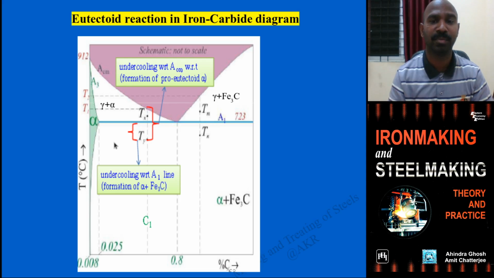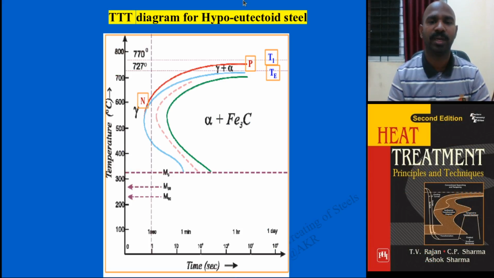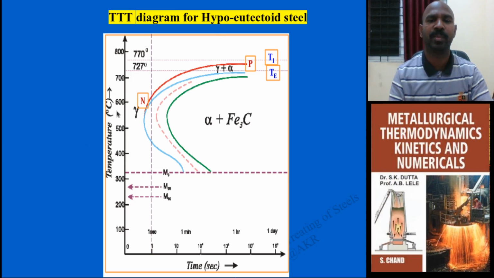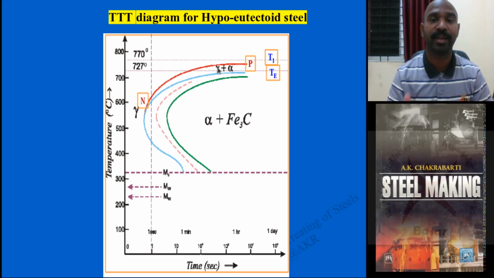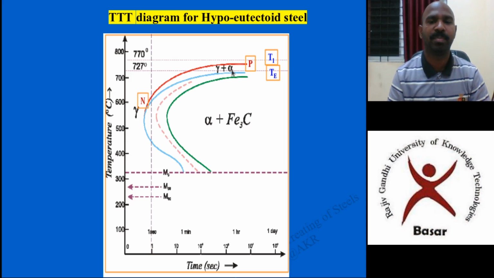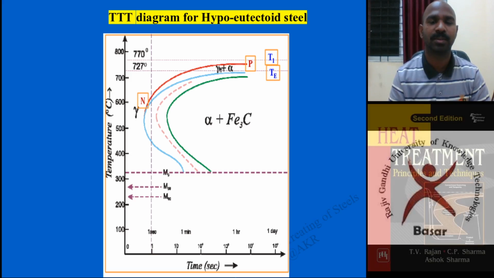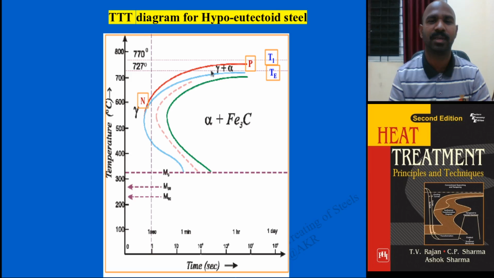Now let us take the hypoeutectoid steel. When I am asked to construct a time temperature transformation diagram for the hypoeutectoid steel, the eutectoid temperature is 727. For hypoeutectoid steel, the average temperature is 770. At 770 it starts. The initial phase was gamma plus alpha, that is T1, and T is the eutectoid temperature. It is the pearlite starting temperature.